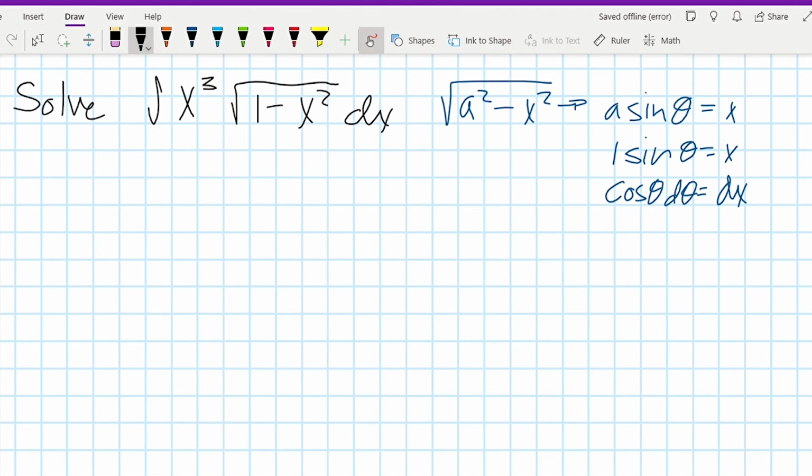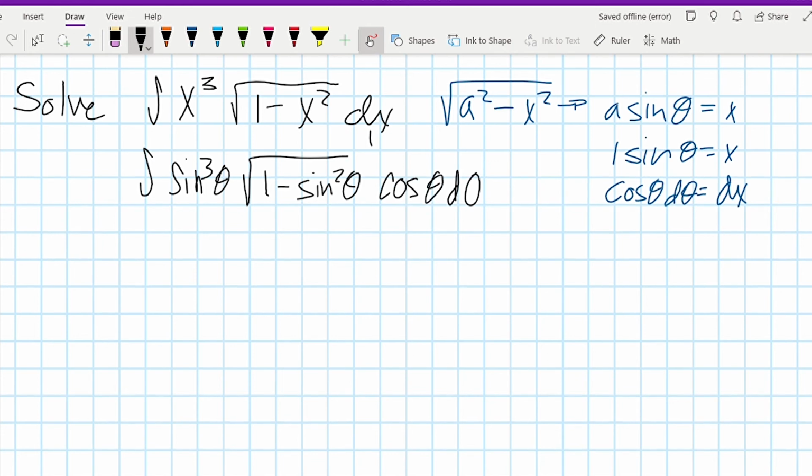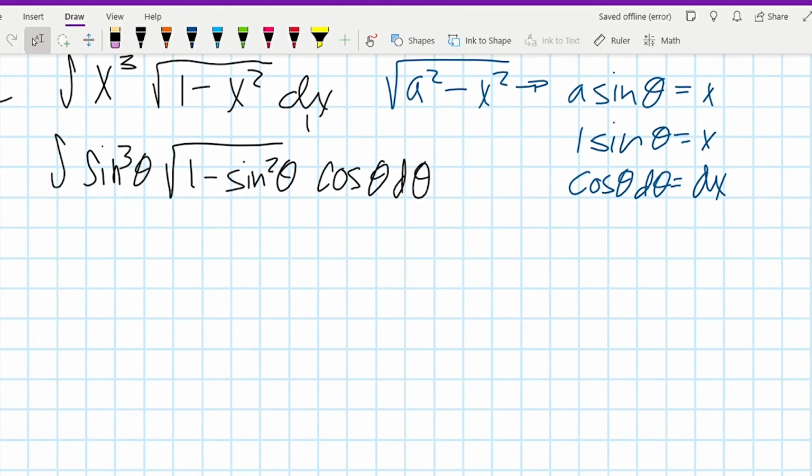So putting this back into our integral, we can replace all of our x's now with sine. So we will have sine cubed theta times the square root of 1 minus sine squared theta. And we have to add in this cosine theta d theta for our dx. So now what we're going to want to do is rewrite this in a way that we can get it closer to something we know to simplify.